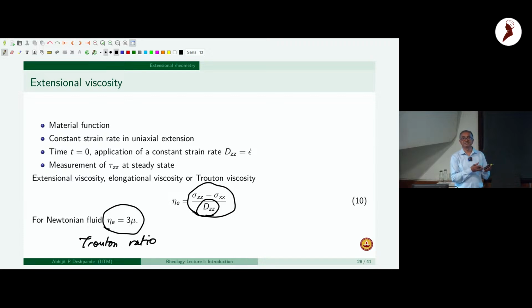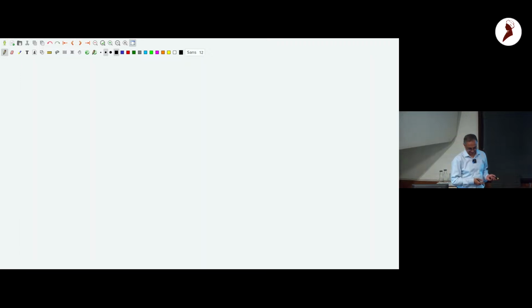So there is a steady measurement, just the way we did for shear. But in many polymeric cases, the stress will actually increase and diverge, and then the sample will break. So you never really reach a steady state in the actual measurement. There is a strain hardening of the system, and then there is a break. But many polymeric systems can also show steady state behavior.